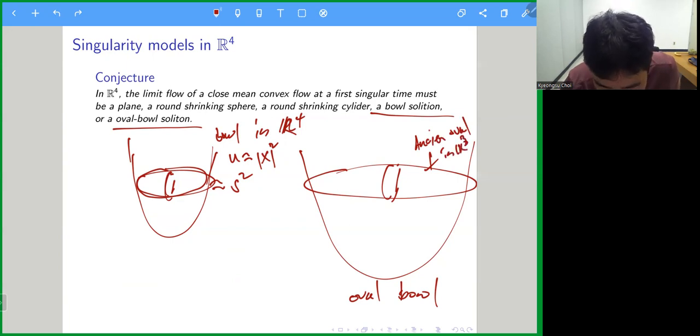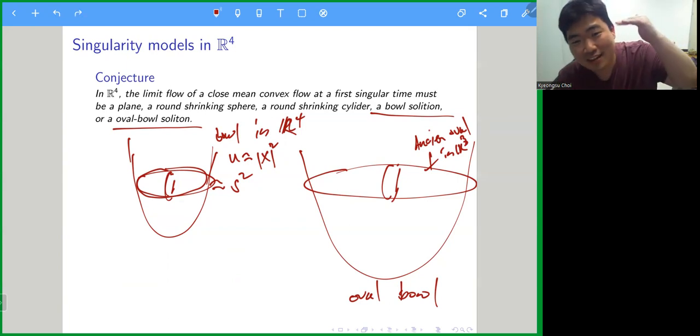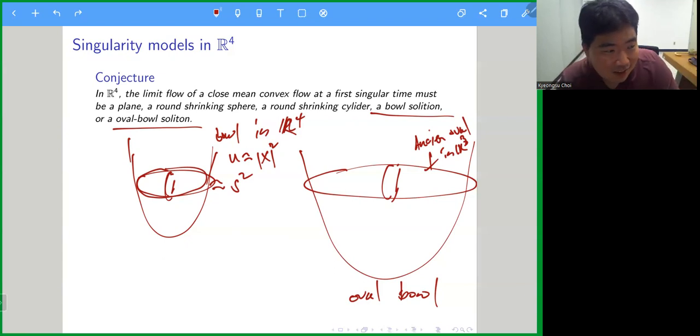So what is the difference? If you consider the height as a time, and the level slice as a time slice, then the bowl solution at infinity looks like just a shrinking round sphere in R3. However, the oval bowl looks like an ancient oval at infinity.